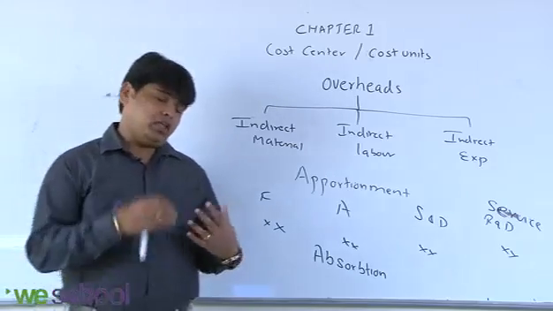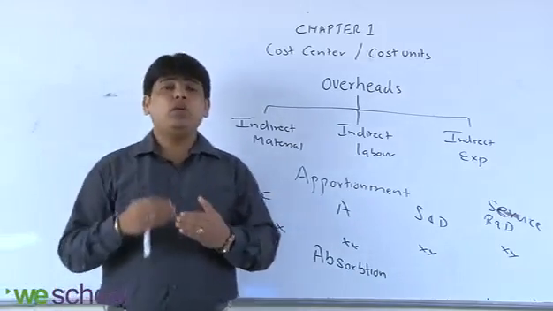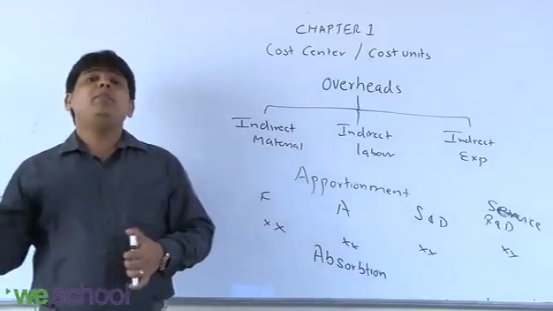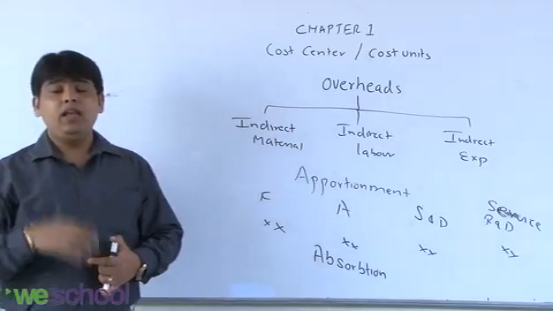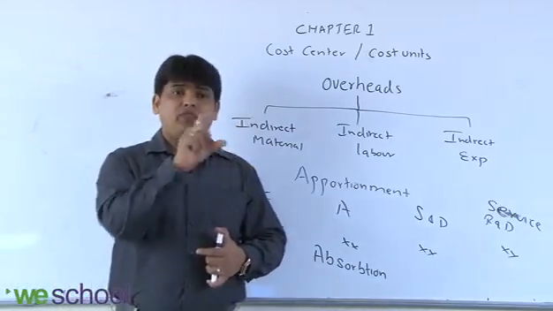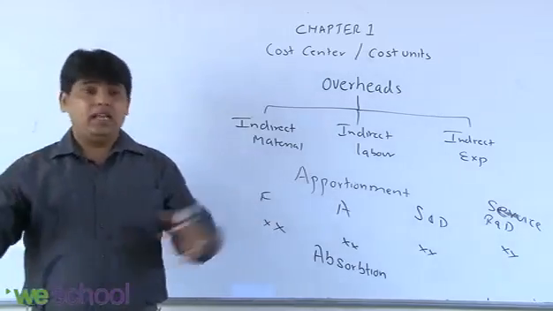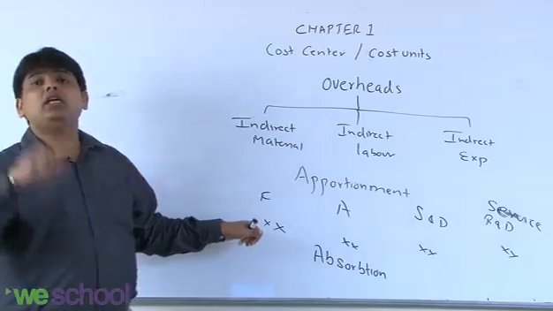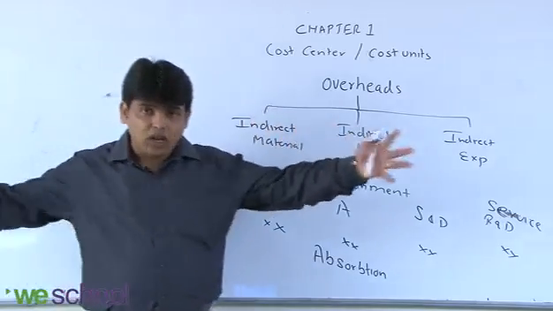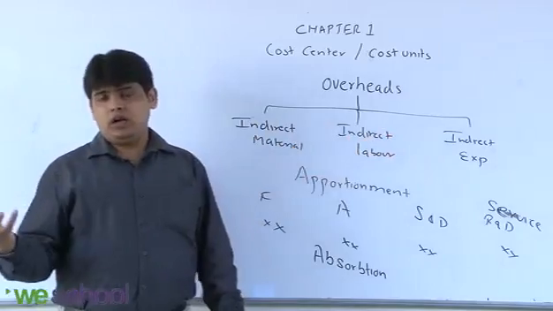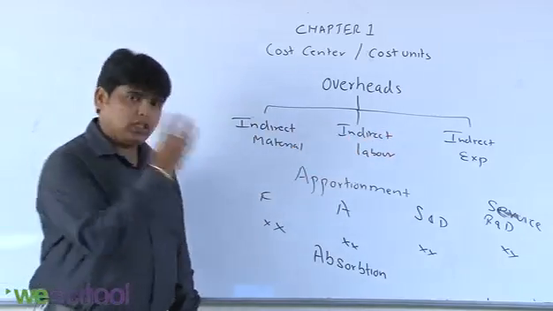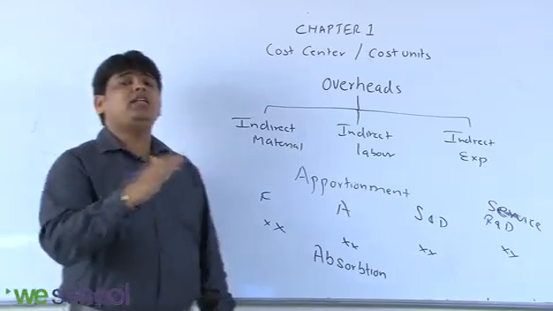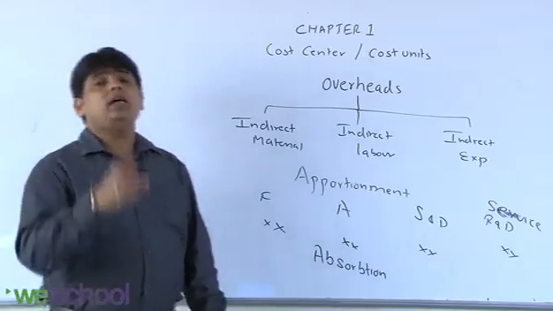Distribution of this expense on the basis of number of units is possible only if all the products have the same measure of units. For example, if I am talking about Coke, Fanta, Maaza, they are all in liters. In that case, I can distribute on the basis of units produced, because I will calculate the total liters produced of the various soft drinks, whether it is Coke, Fanta or Maaza, different tastes and types of soft drinks of the same company.